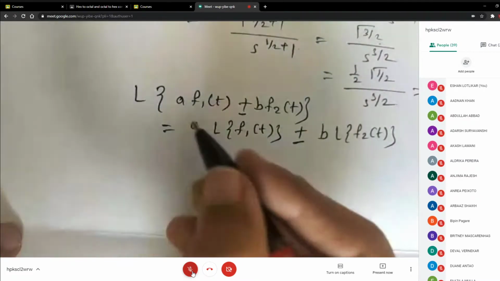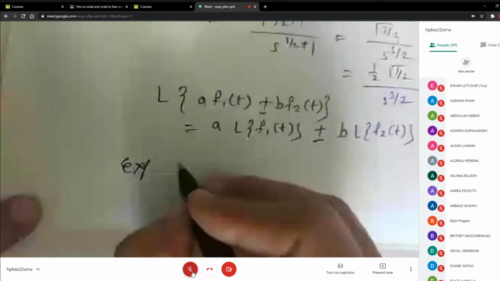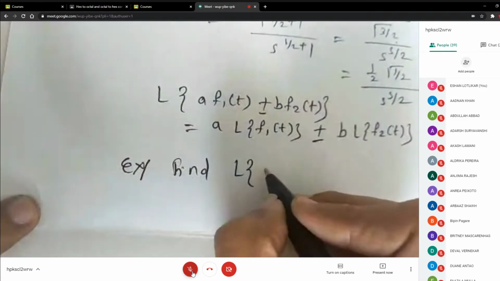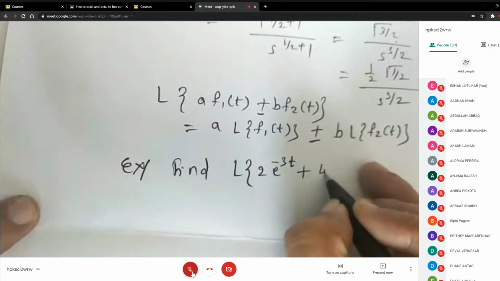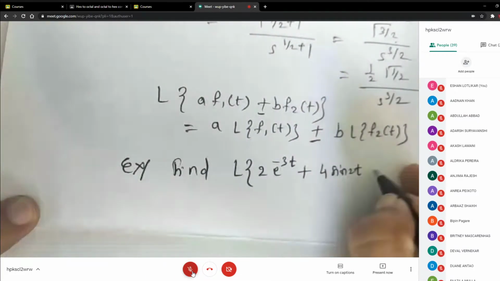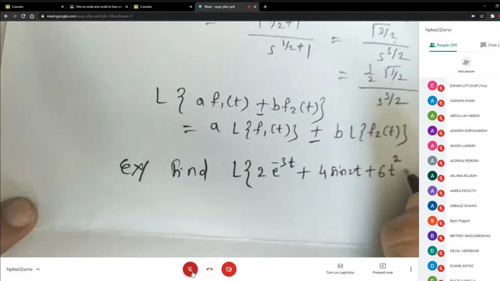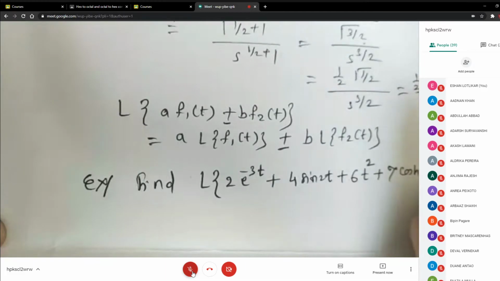Now let me give you one example where linearity property is used. Find Laplace transform of 2 e raised to minus 3t plus 4 sine 2t plus 6 t raised to 2, plus 7 cos hyperbolic t and plus 9.